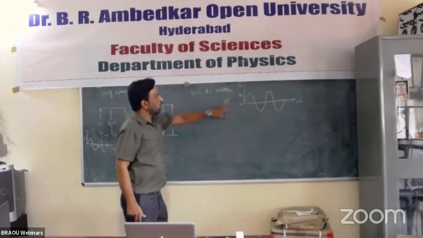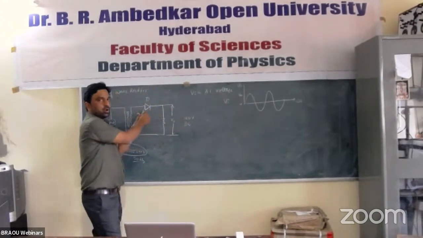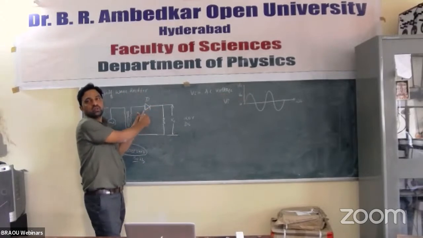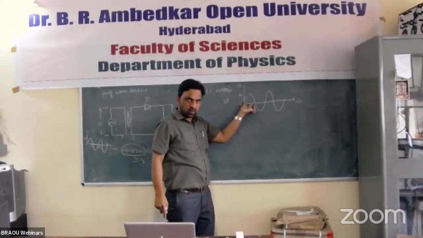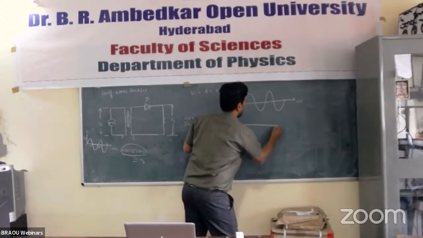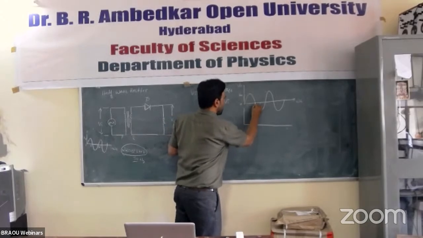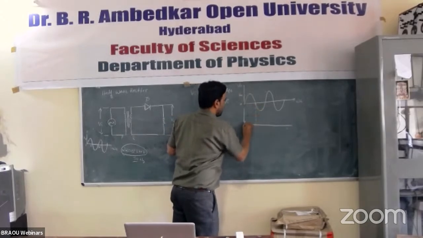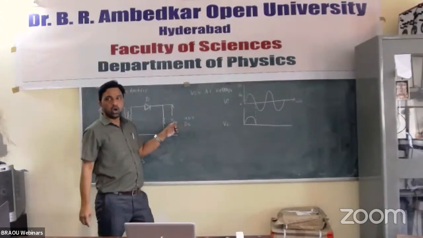So during this positive half cycle, the diode is in forward bias mode, so whatever voltage is coming into the diode is conducted. This is the output voltage, which comes out as the output.